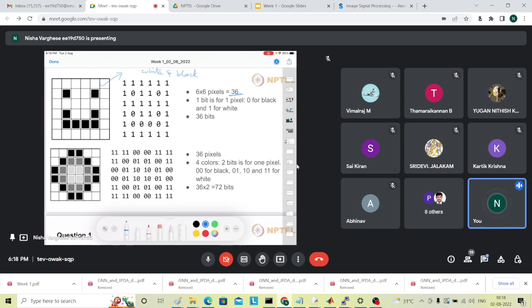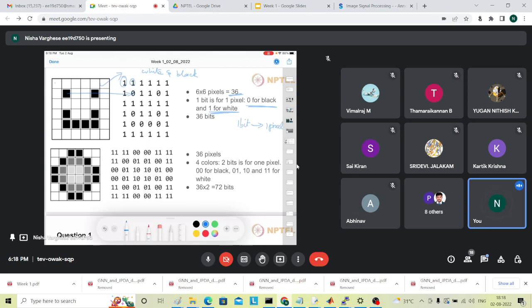So we can store this image using 0 for black and 1 for white. Okay, so the first pixel value will be 1, second pixel value will be 1, and this pixel value will be 0, like that. So we have 36 pixels, and for each pixel we'll use 1 bit to represent the image, right? So one bit is used to represent 1 pixel.